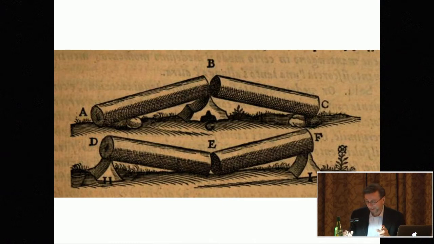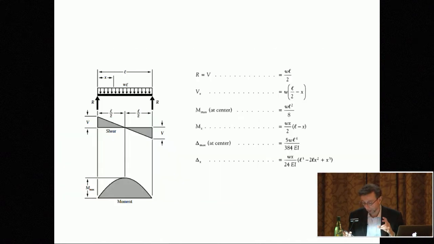But today, we need not repeat any of Galileo's experiments, nor any other experiment, to determine how most beams will break, because generalizing from those experiments and many more that followed, we have obtained some very general formulas that predict the structural behavior of most standard beams under most standard loads.